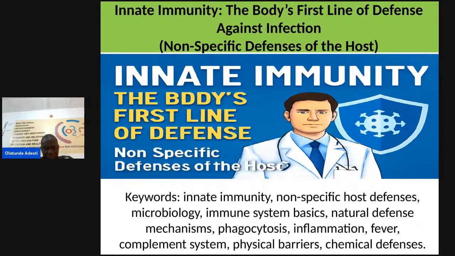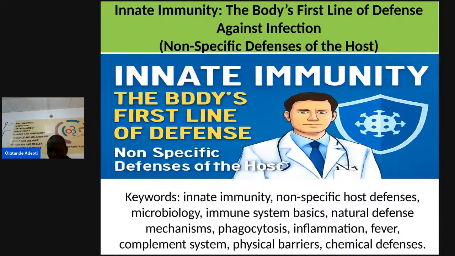In this presentation, we are going to focus on the following key terms. We'll look at what innate immunity is all about. Another word for innate immunity is non-specific, because it is naive, it is new to that kind of environment. We also look at the basic systems involved in defense mechanism against foreign infection.